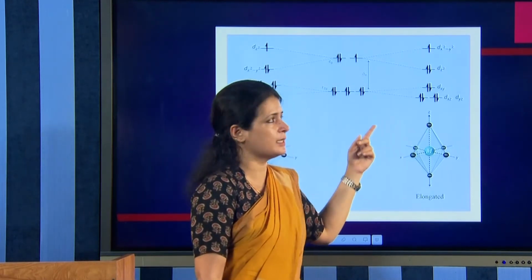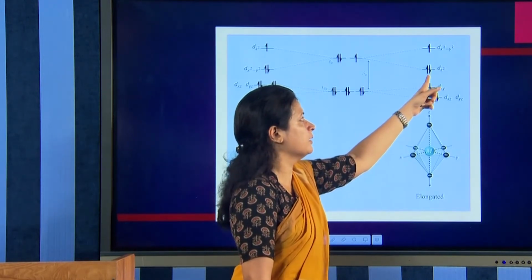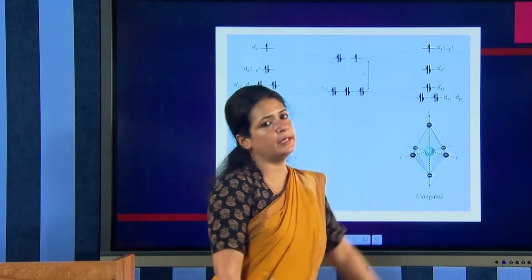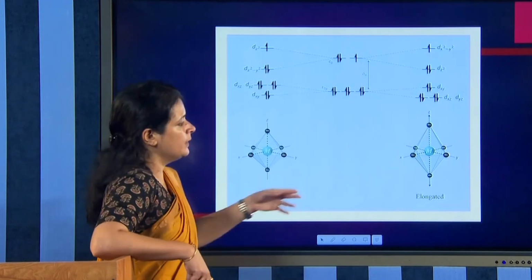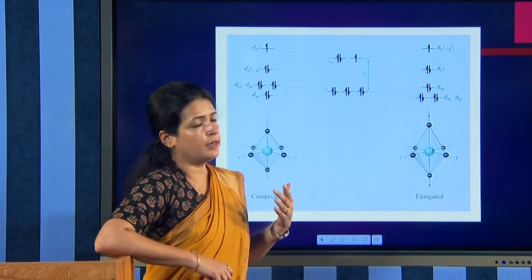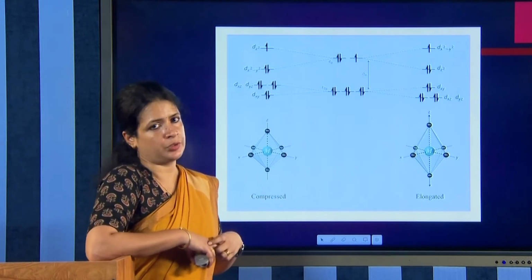We have a D9 system. So, after 6 electrons in the T2G, the 7th will move, the 8th here and the 9th will occupy the dz square. Why? Because dz square has a lower energy. This is also called Z out distortion. So, tetragonal elongation is also called Z out distortion.